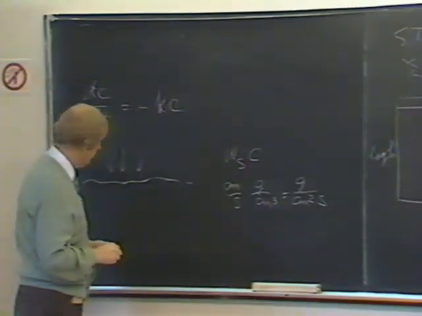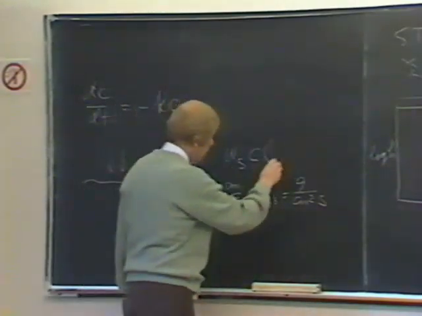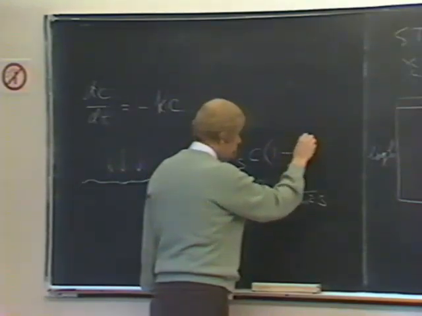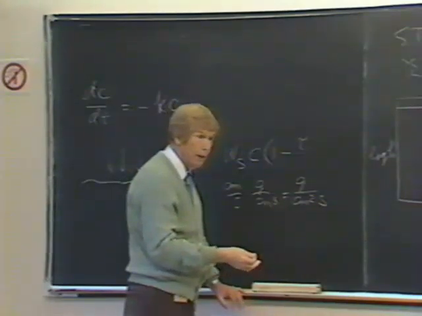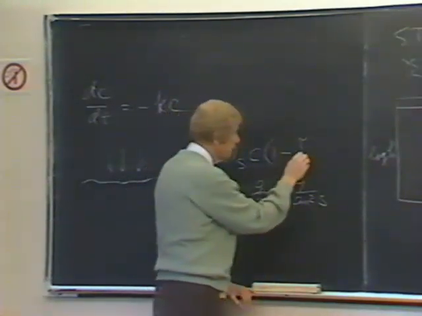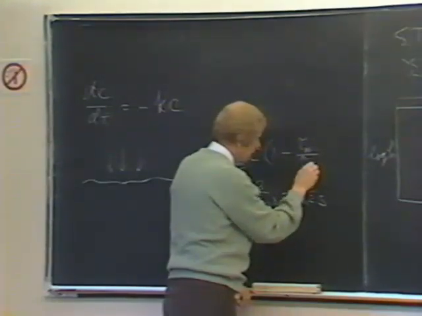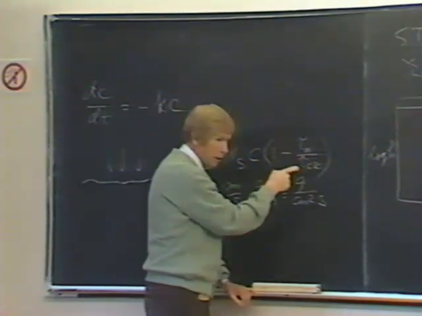And I proposed in those early studies that we describe that probability of the particle remaining as 1 minus the probability that it's removed. And I said, let's say that's proportional to the bed shear stress relative to some critical shear stress on the bed.